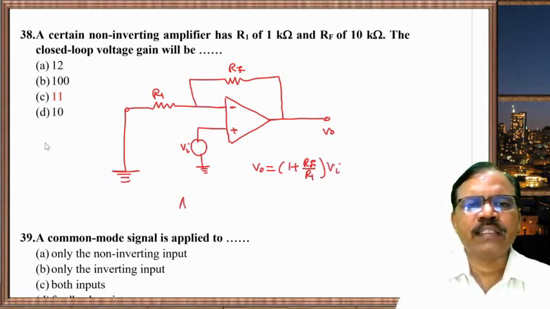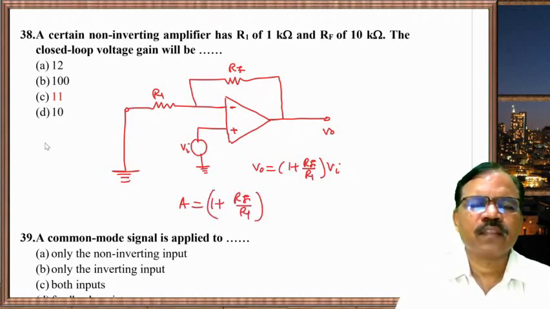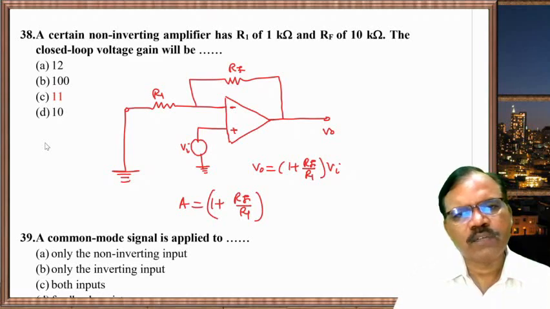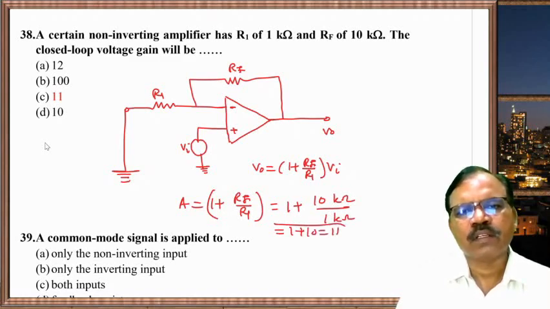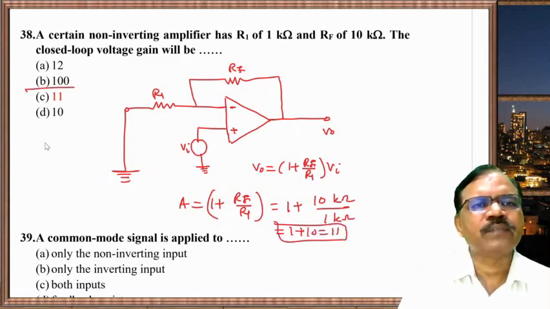So gain is 1 plus RF upon R1. This is gain in non-inverting one. So here we have 1 plus RF is 10 kilo ohm divided by 1 kilo ohm. So we'll get 1 plus 10, that is 11. So gain is 11.